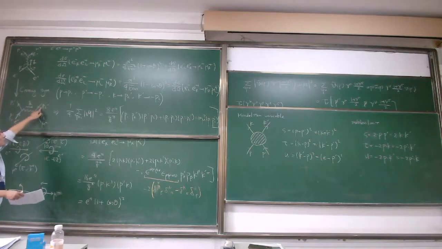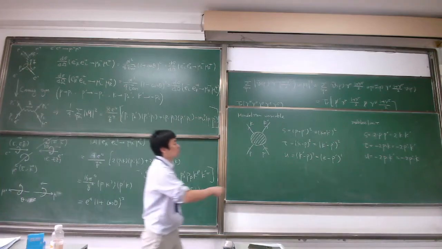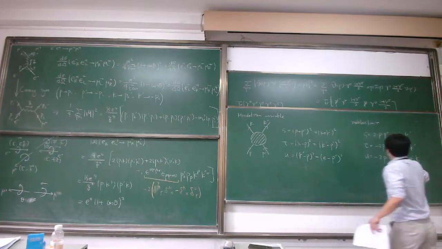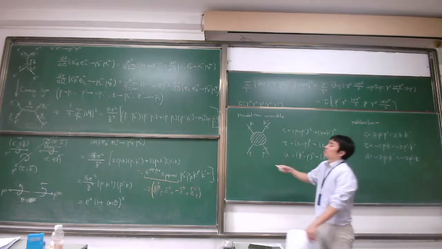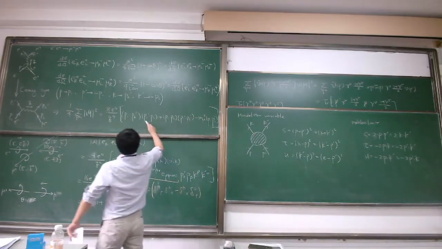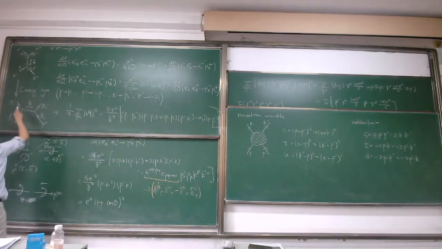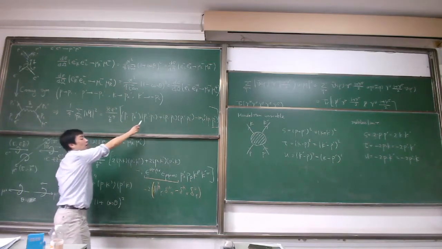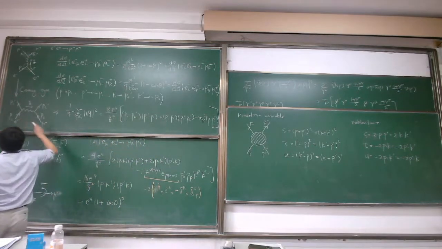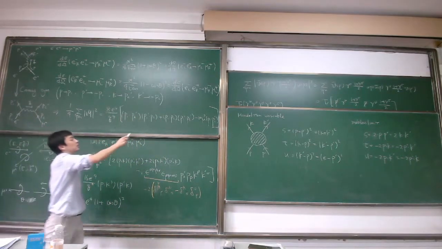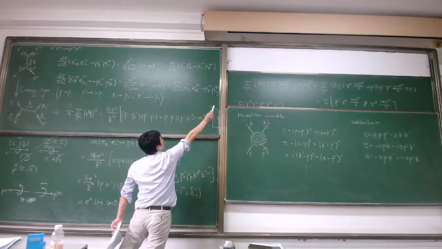P1, P2 prime is essentially the same as U, up to factor of -2. And also P1 prime and P2 is essentially U, up to some factor. And here it's just S, P1, P2 is just S. And we take massless limit, so we know.